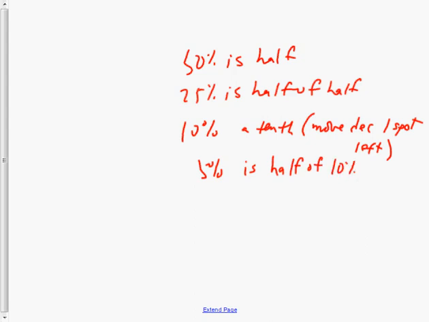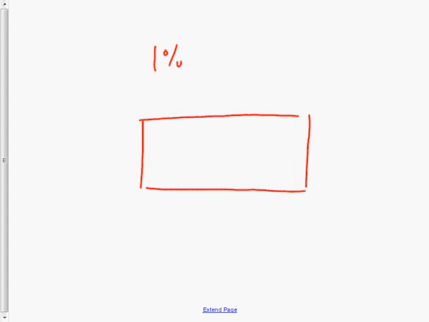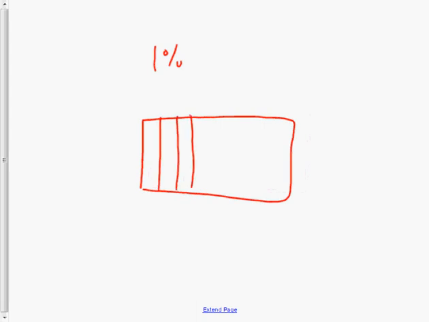Actually, there's one more, and that one more is not in our chapter, but I'm going to teach it to you anyway. It's 1%. If we think about 1%, if I was to take our circle here and divide it into 10 parts, 1, 2, oh, that's going to be too small. Let's go back and erase that. 1, 2, 3, 4, 5, 6, 7, 8, 9 parts make 10 sections.